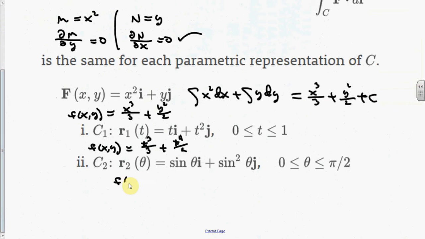Now for this one here, f of x, y is equal to, it says x cubed. x is sine theta, so this is sine cubed theta over 3 plus, it says y to be squared. This is sine squared theta, so squared, that's sine to the fourth theta all over 2.